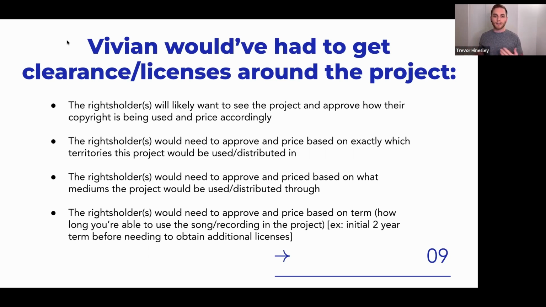A lot of times, at the end of the term, you can renegotiate and extend it. But ultimately, they want to have a little flexibility so that if they have another offer come along, let's say in 2 years Coca-Cola wants to use this song, or even in 20 years, if it becomes a legacy song like classic rock and things are now, they may want to use it for a different flavor in their ad. But if the rights are exclusive to another ad for that period of time, it causes issues. So this actually comes up a lot as well.